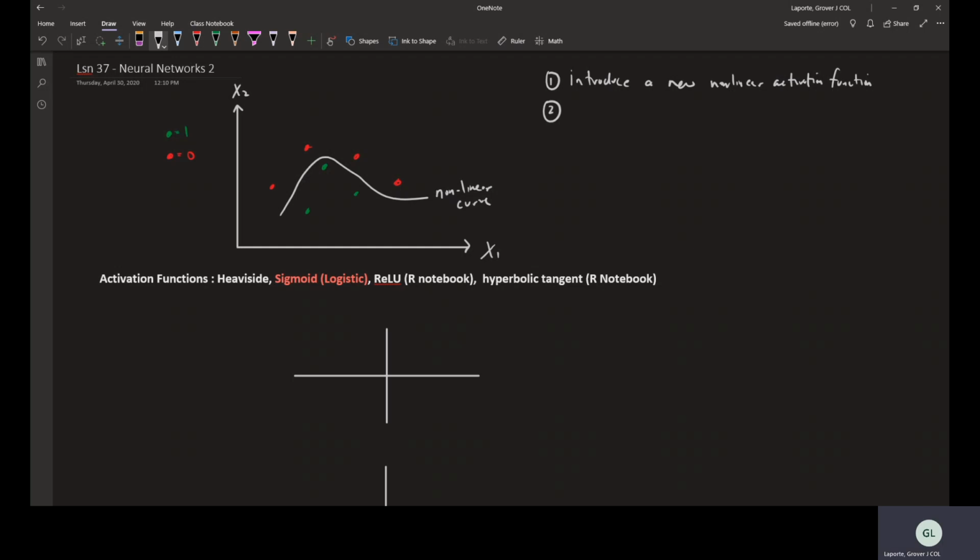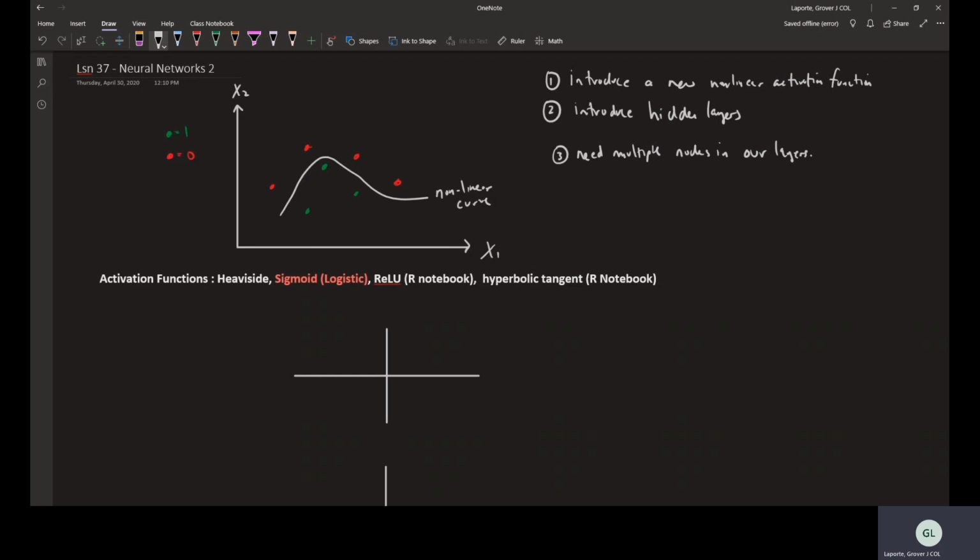The second thing we need to do is introduce hidden layers. And the third thing that we're going to do today anyway is talk about the need for multiple nodes in our layers other than the input layer.